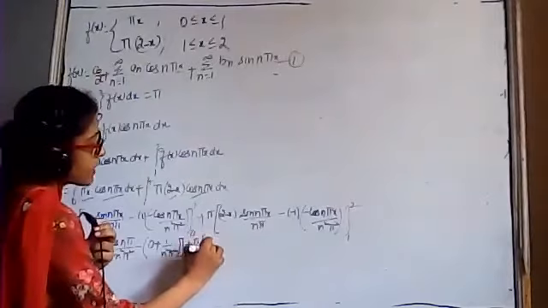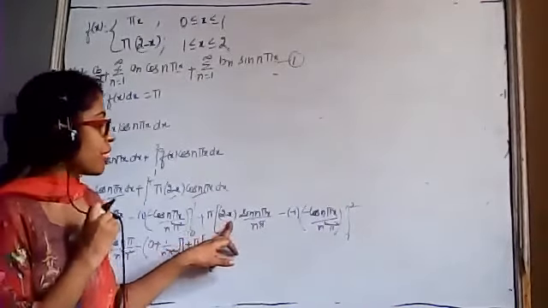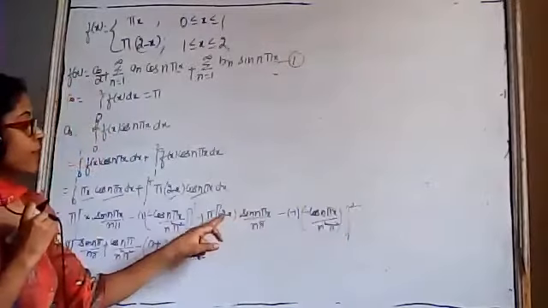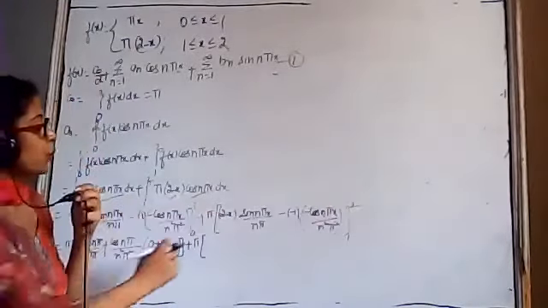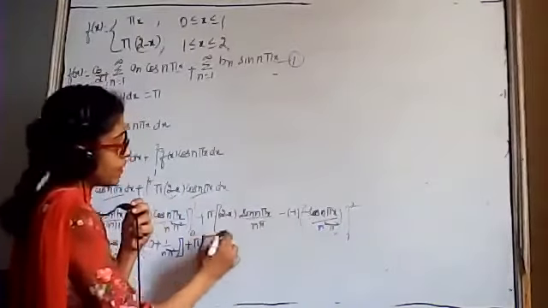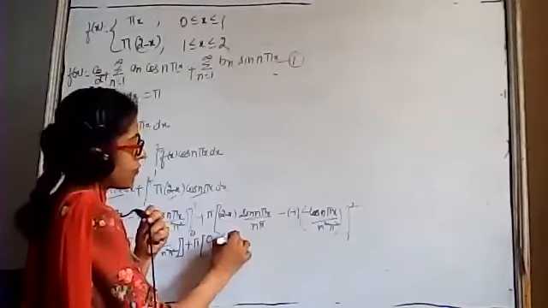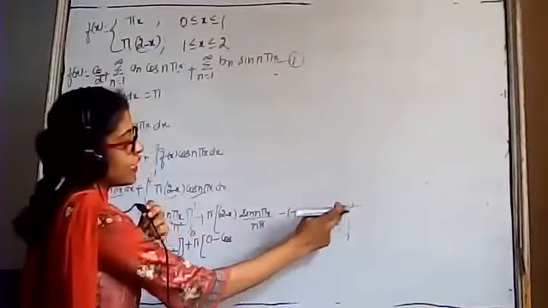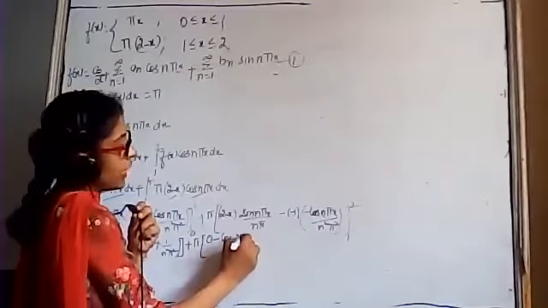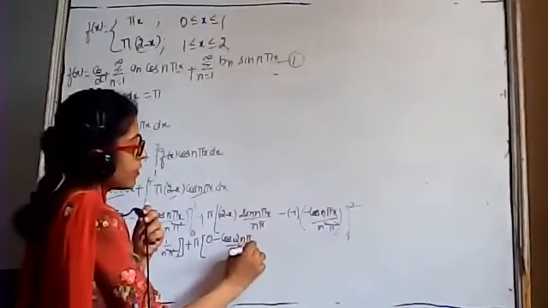Similarly, in the second bracket, we have to substitute the limits. First of all, we will substitute the upper limit. In the place of x, we have to put 2. So 2 minus 2 will be 0. Whole term will be 0. Minus, minus and minus, three times minus, it will be equal to cos of n pi into x. In the place of x, we have to substitute 2. It will be cos of 2n pi upon n square pi square.